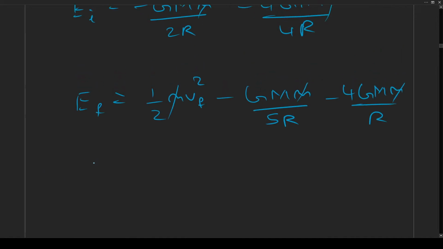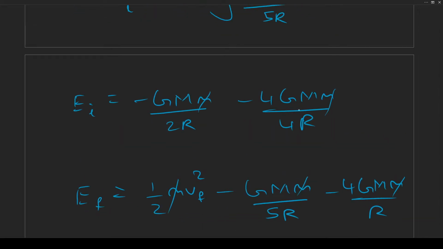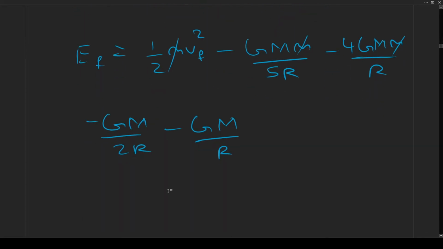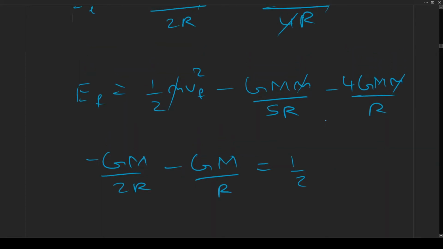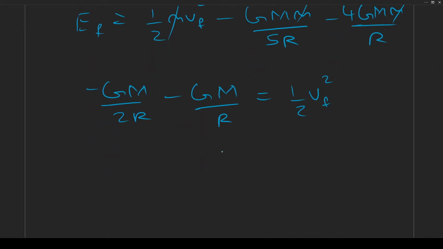We'll get minus GM by 2r minus 4, or directly I'll write it as GM by r, 4 cancels here, which is equal to half, there's no m, v final square minus GM by 5r minus 4GM by r.